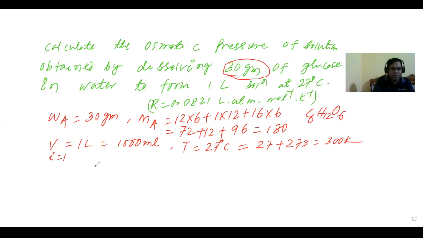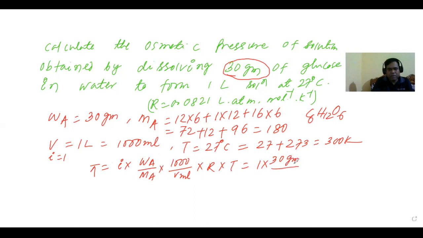So formula is pi equal to i into WA by MA into 1000 by V in ml into R into T. So i equal to 1, W equal to 30 gram, and MA is 180 gram.